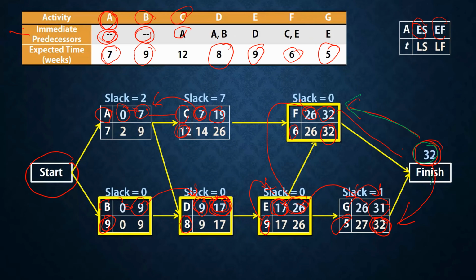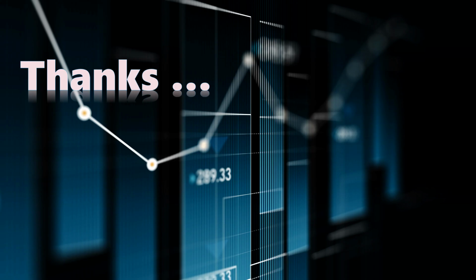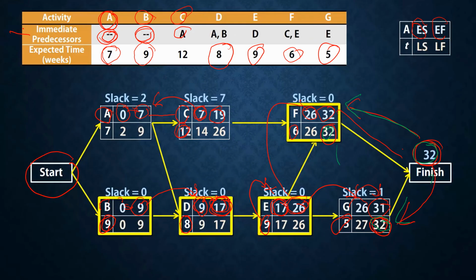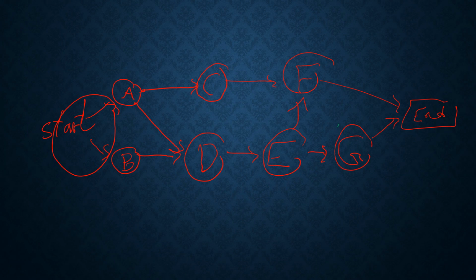So late finish is 32 for G and 32 for F. Then 32 minus 6 is 26. 32 minus 5 is 27.